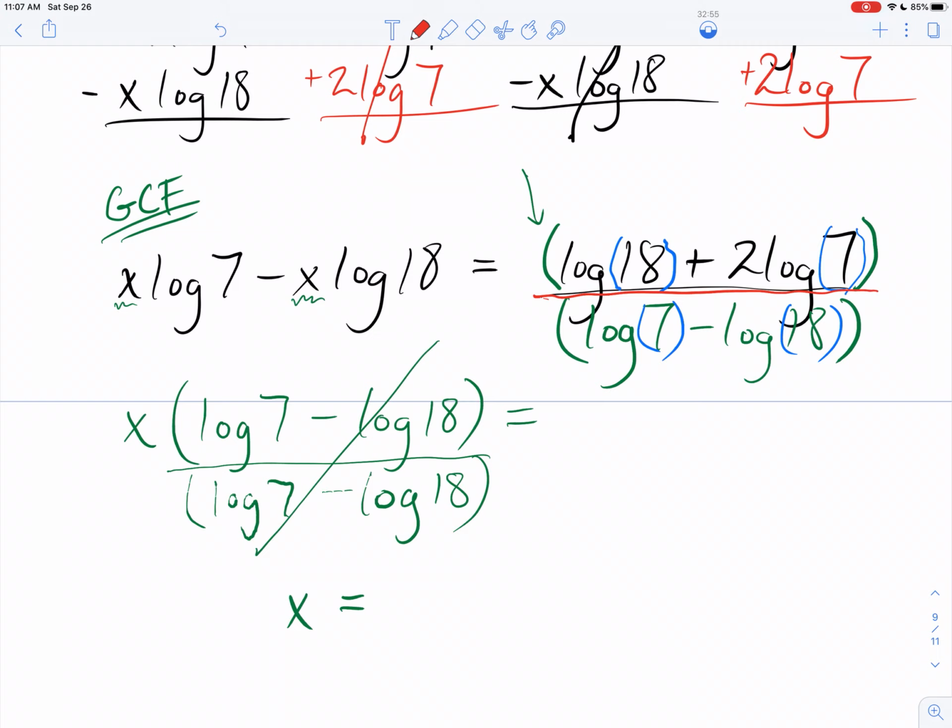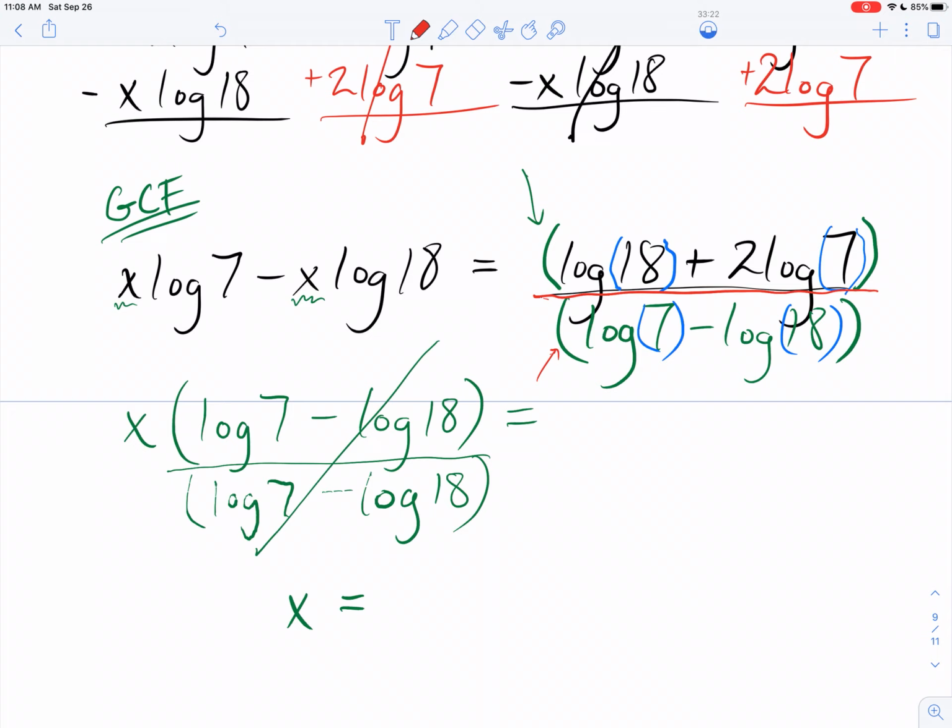So I hit my division key, but I have to put parentheses. Remember, don't forget, you've got to put parentheses. And then log 7, close that parenthesis, minus log 18, close that parenthesis, close that parenthesis. You have to have everything locked up. And if you do it correctly, you will get the correct answer.